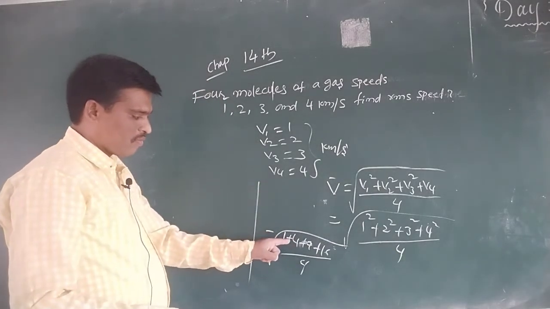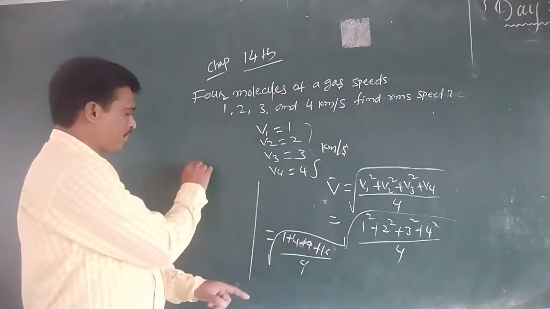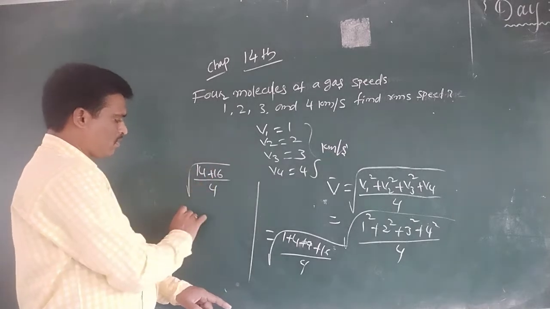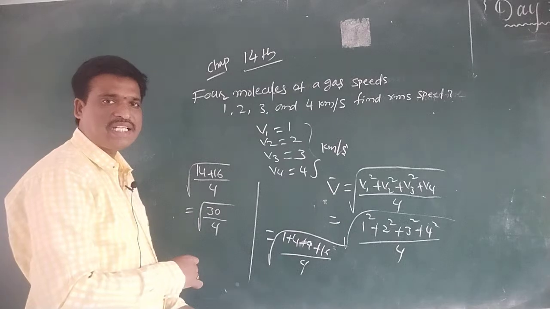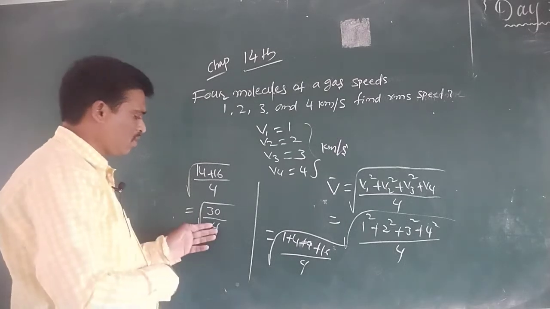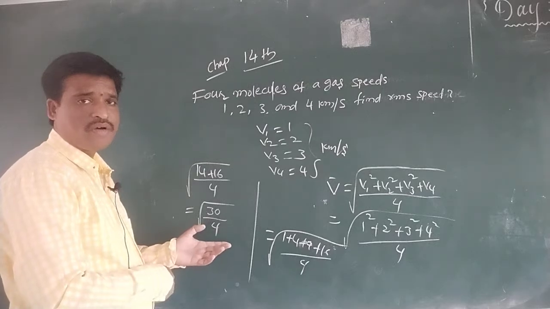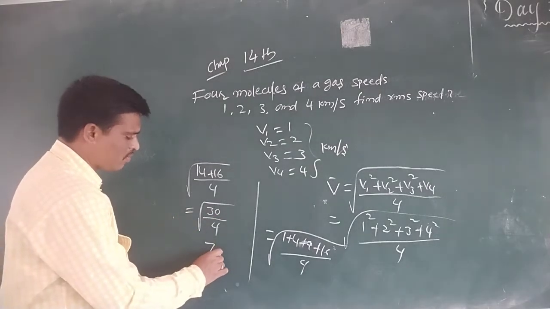Now 1 plus 4 is 5, 5 plus 9 is 14, 14 plus 16 is 30, so root of 30 by 4. What is the square root of 4? 2. So after simplification, the answer is 7.5.